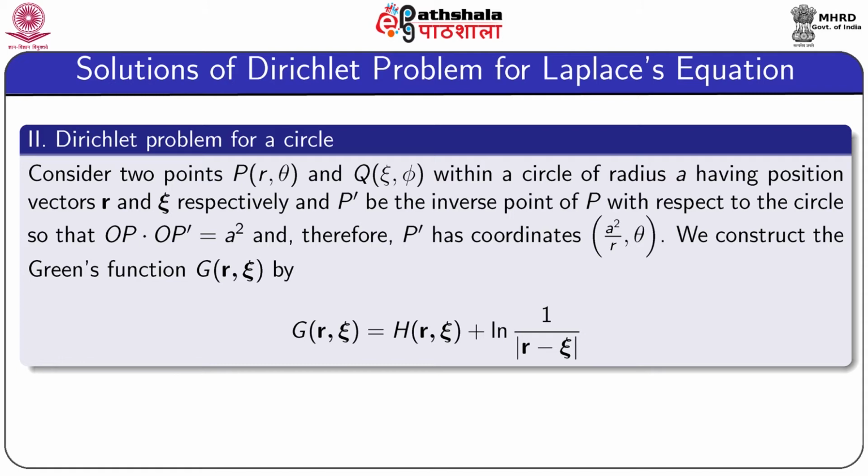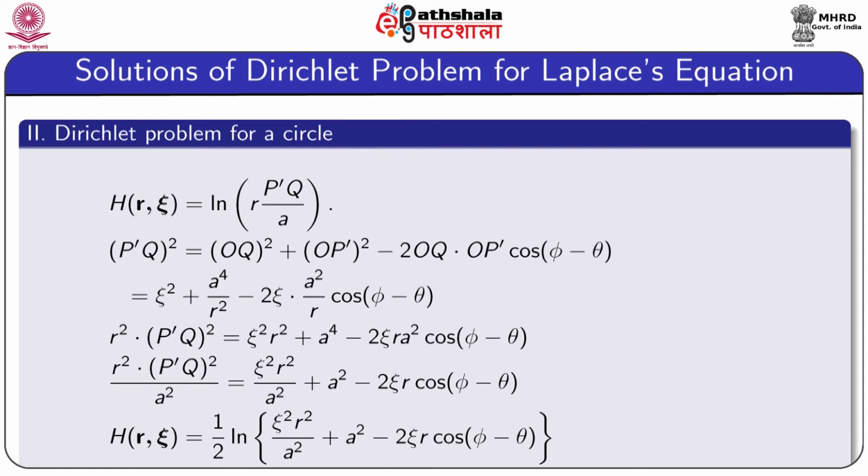Now, we construct Green's function for this particular problem as G equals H plus log of 1 by mod r minus xi. And we also choose the expression for capital H such that H equals log of r P dash Q by a. Now, we shall derive the expression for P dash Q.